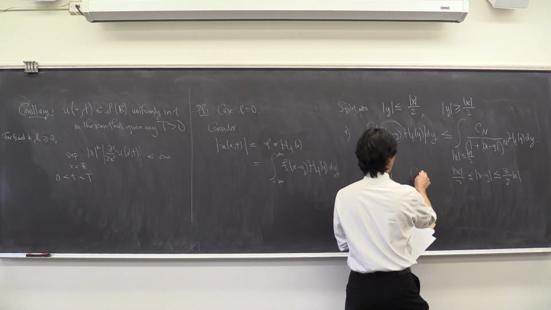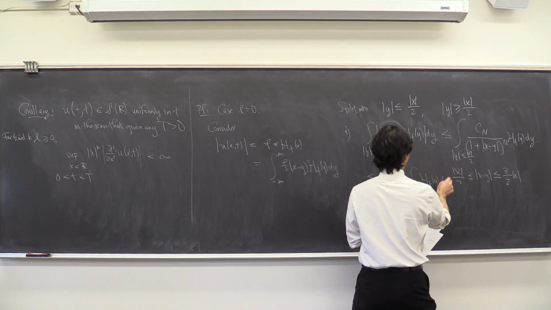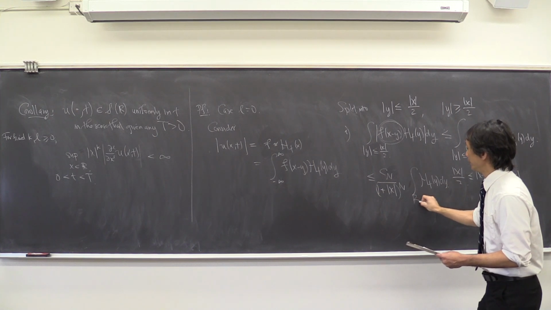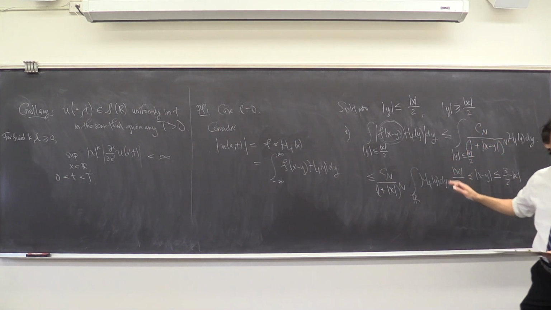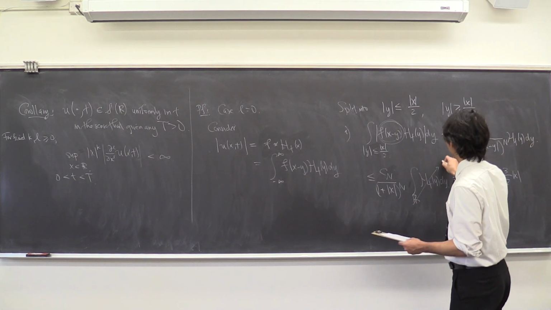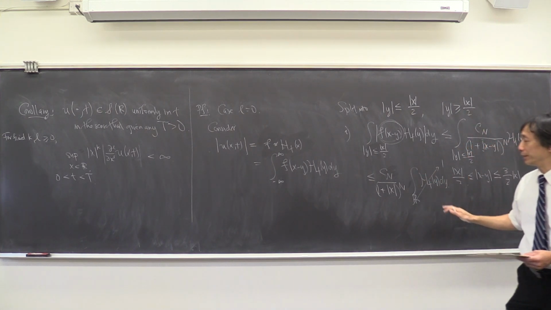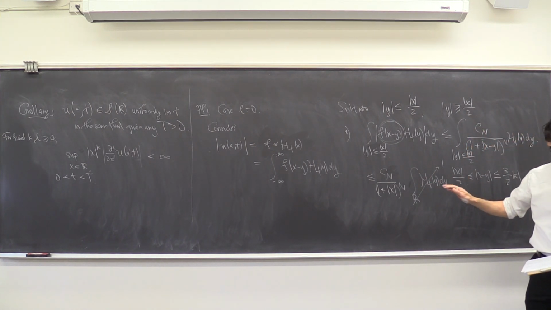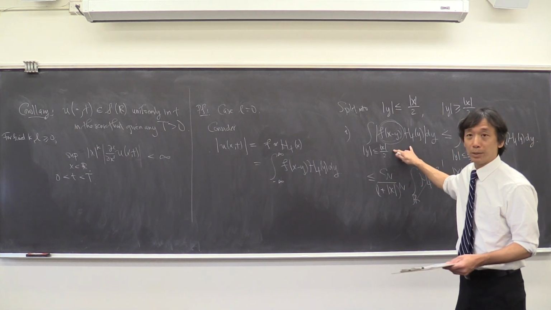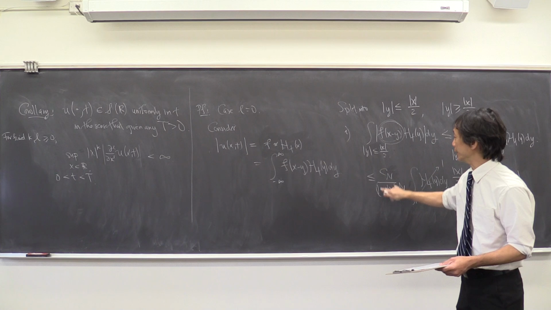Then the integral of a heat kernel, and if we integrate over all of R, that's just 1. Okay, so we know that the integral is going to be smaller than 1. That gives us the control we want over this term, where we're integrating near the origin.